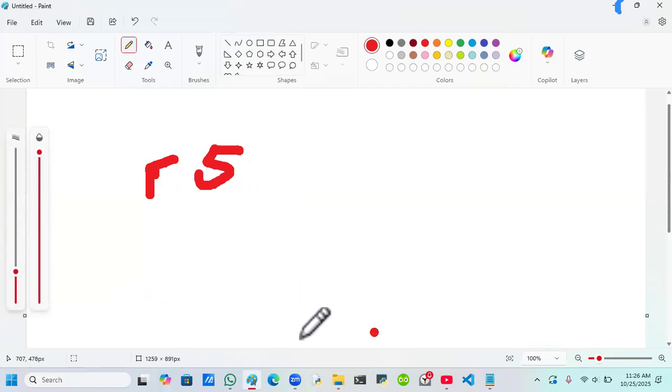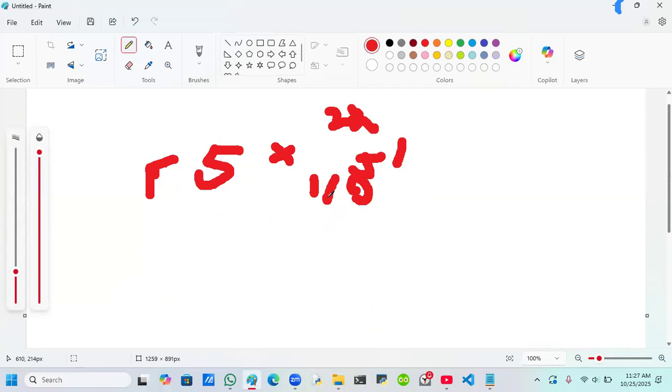So 5 times 22 will now be 110. Is that supposed to be a problem?